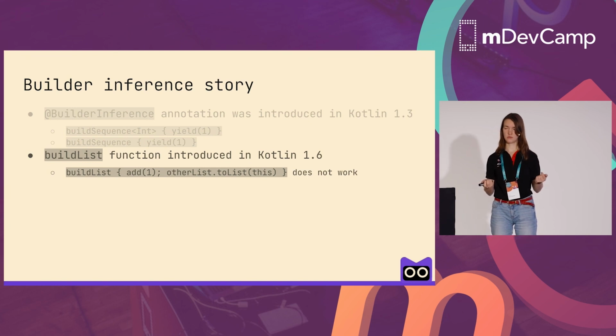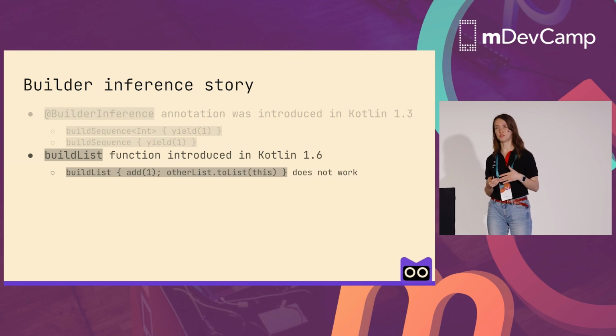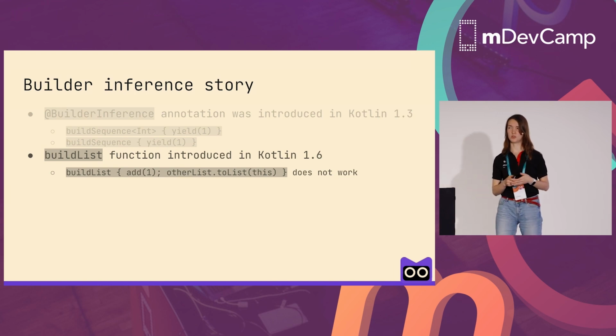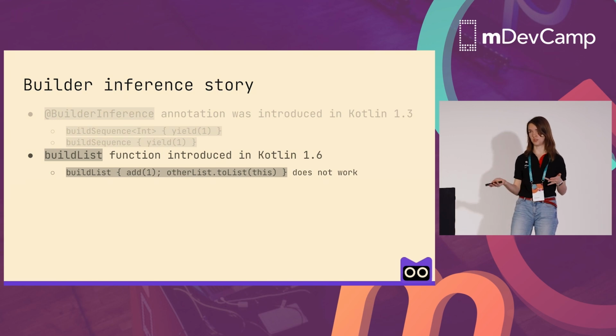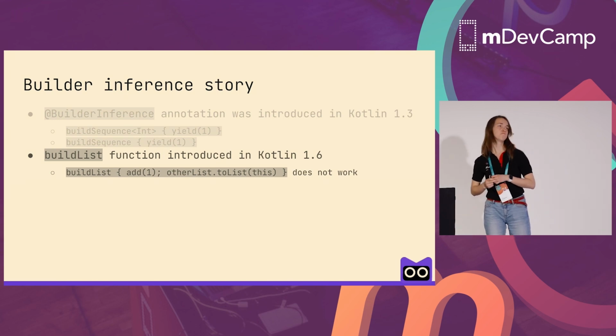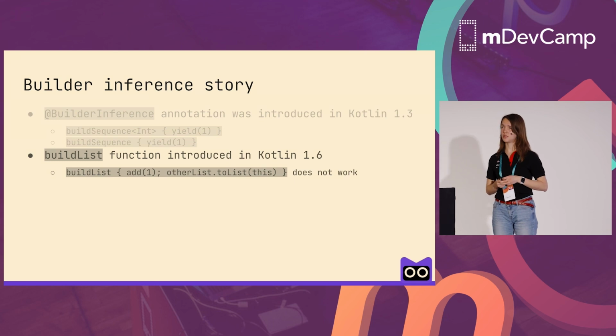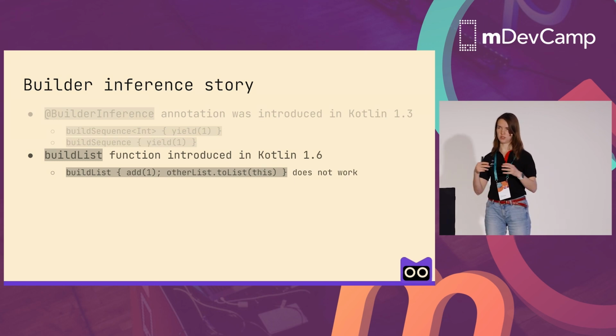And we discovered that for some lambdas, it still wouldn't work. It wouldn't infer the type implicitly for us, even though it would be logical to use it there. So we analyzed it and decided, why don't we relax our restrictions on the lambda's contents so such expressions would work as well?